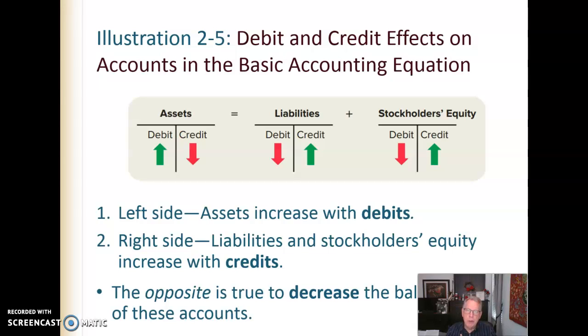Debits are going to reduce liabilities or reduce stockholders' equity, and credits will increase liabilities and stockholders' equity. Okay, you have to have this absolutely down. This is fundamental for doing well in this course.